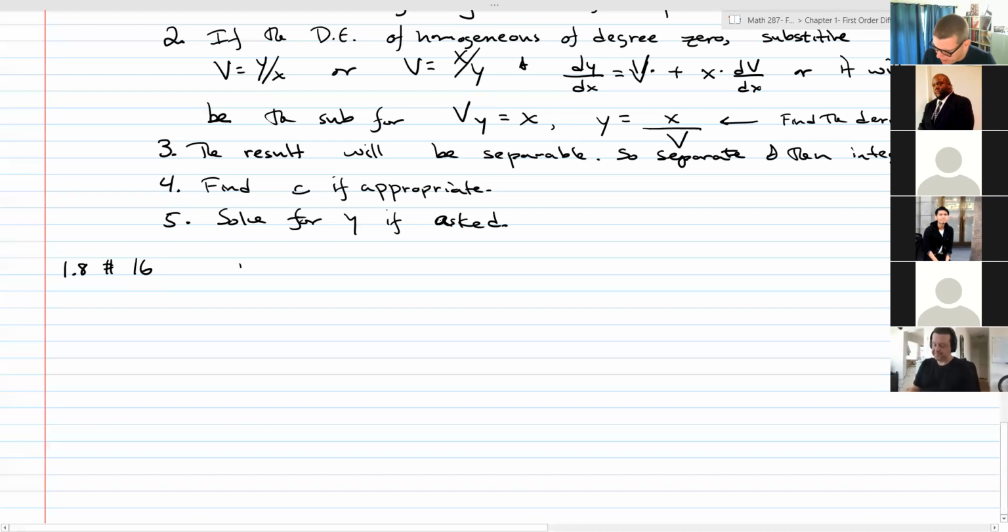In this case, we're going to find the general solution. It's xy prime plus y natural log of x equals y times the natural log of y. So that's our DE.